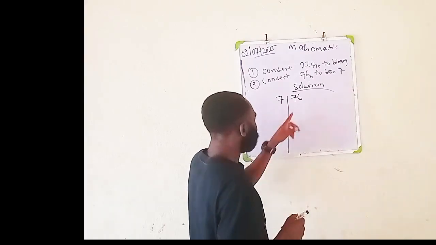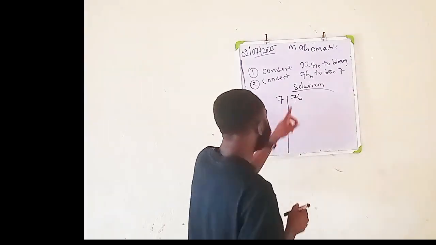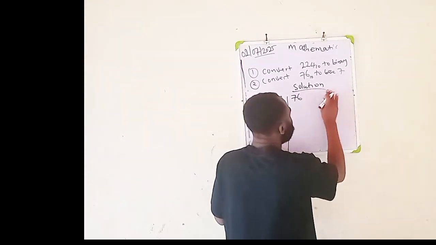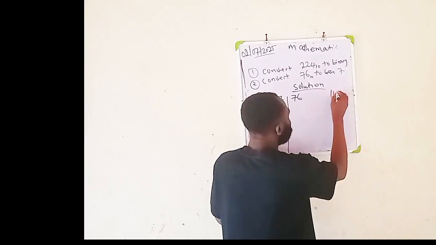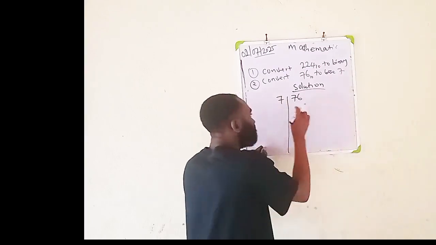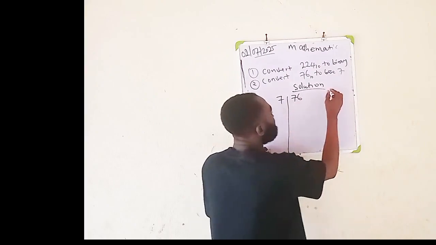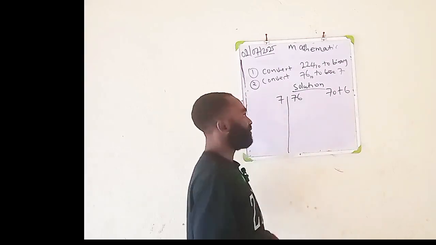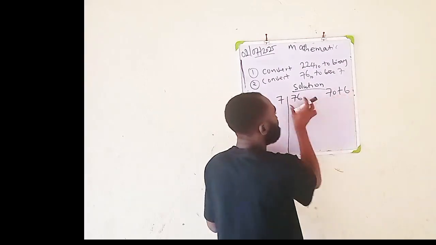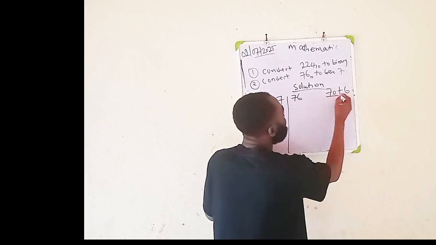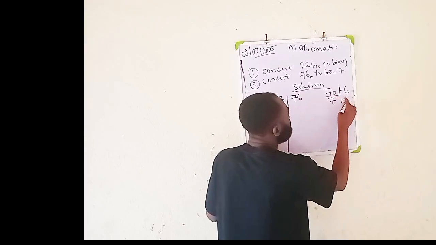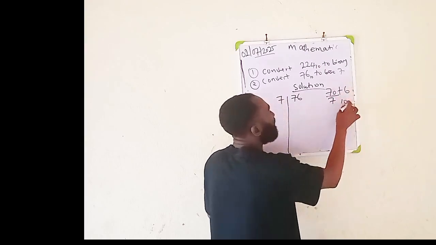And we know that 76 divided by 7 will give us 10, because 76 means 70 plus 6. So 70 divided by 7 is 10. This is the remainder because 6 cannot be divided by 7.